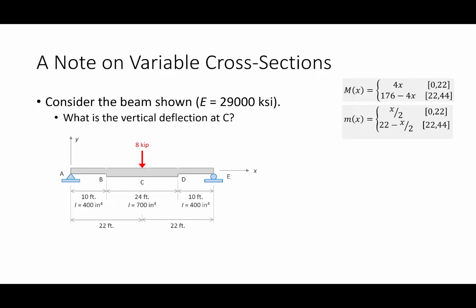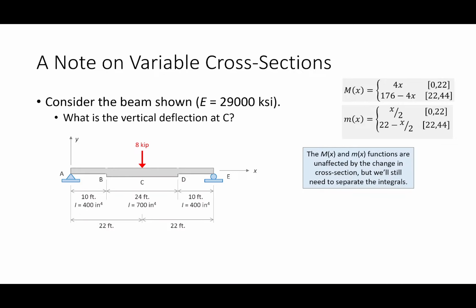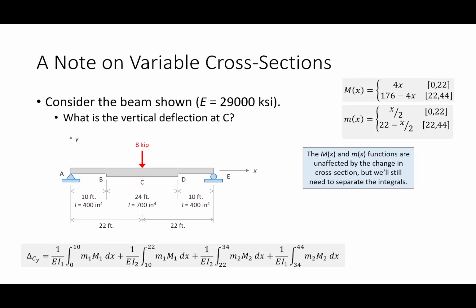The problem, though, is your I values. We have two real moment functions, for example, that go from 0 to 22 and 22 to 44, but in between there, we have an interruption in our moment of inertia. So when we carry out the integrals, we have to split them up. Technically, this problem would require 4 integrals.